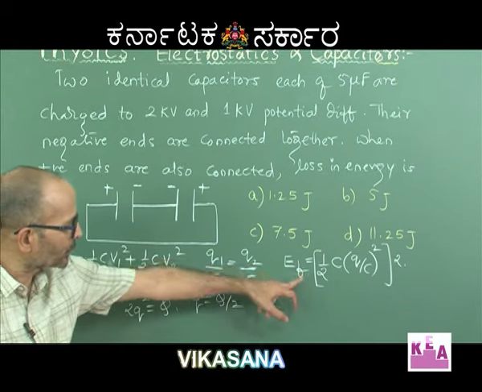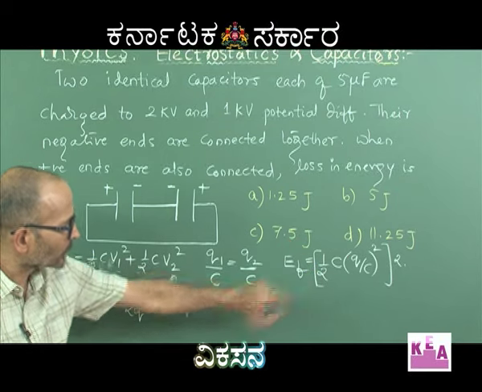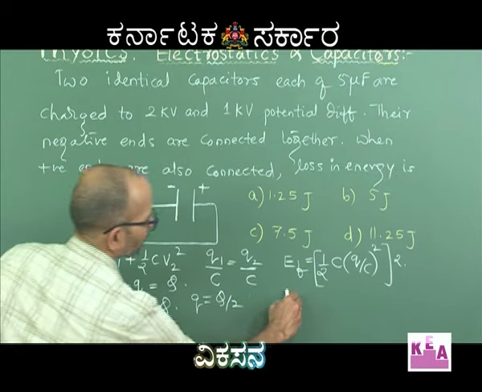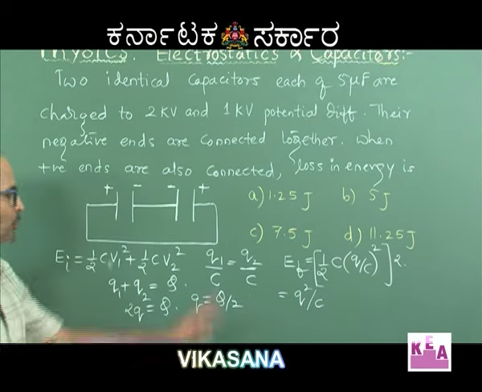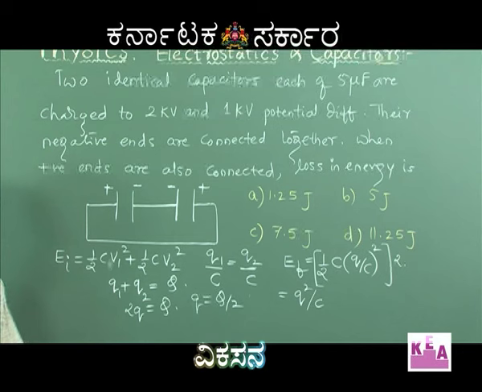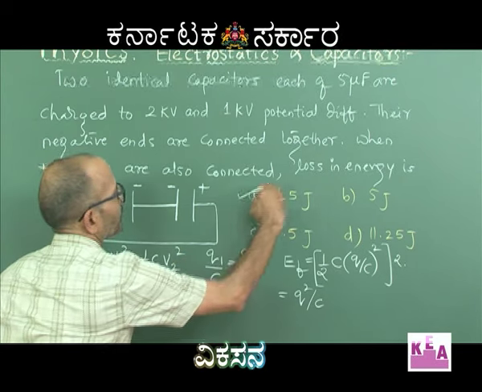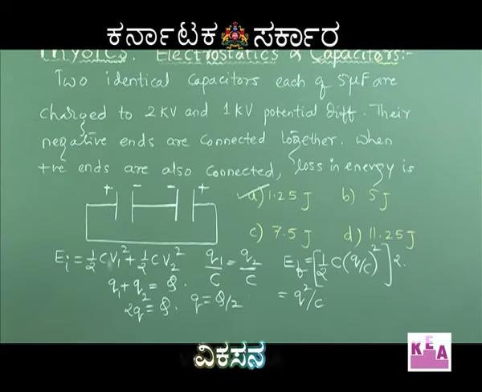So half C V square, V is Q by C, that makes it 2 gets cancelled and it is Q square by C. So you know the final energy, you know the initial energy, you subtract, you will get the answer, and the correct option here is 1.25 joules.